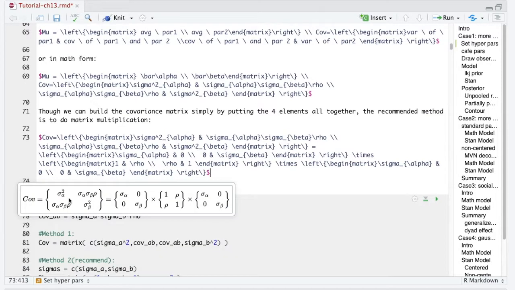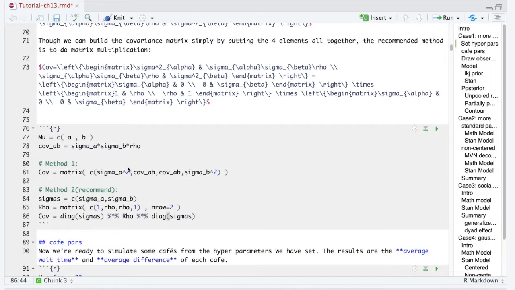Instead of putting these four elements in the covariance matrix manually, there are some mathematical tricks that can help us build the covariance matrix more easily. The covariance matrix can be decomposed into a matrix multiplication sandwich form, because these two matrices are the same, and this is maybe the cheese between the two toasts. There is a convenient function that can do the sandwich multiplication for us.